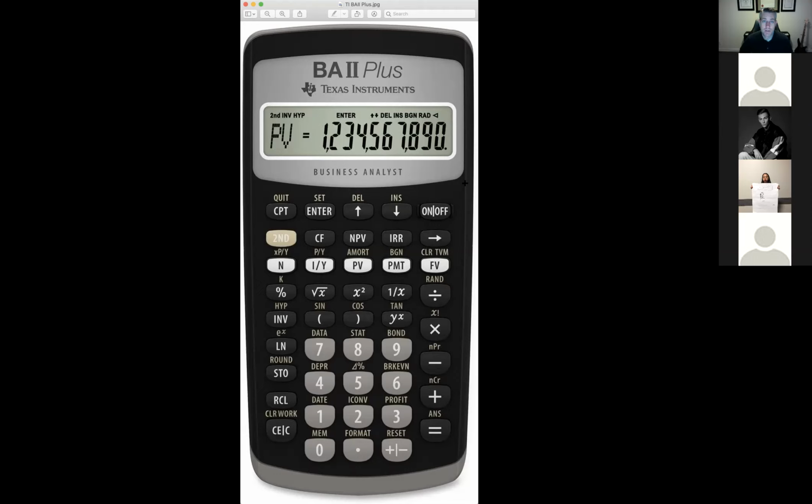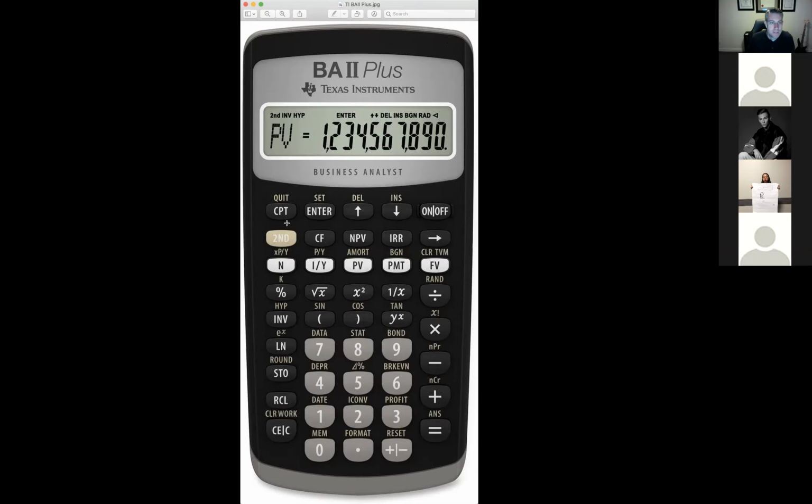But one of our goals in the finance program here at SUU is to make it so that more people are familiar with this calculator, so that if in the future they want to try and earn their CFA, they don't have to learn a new calculator. So that's the reason why we've chosen this calculator. The BA2 Plus also is pretty affordable, and we wanted to make sure that students didn't have to spend a lot of money for a calculator.